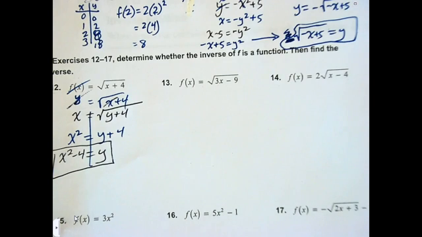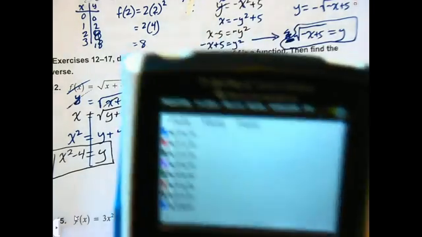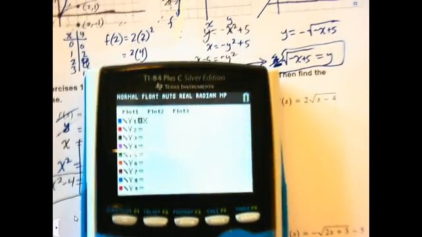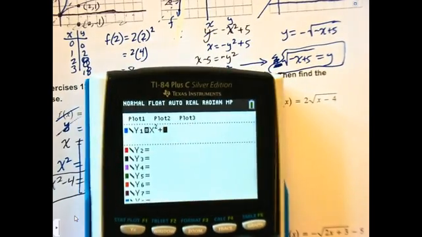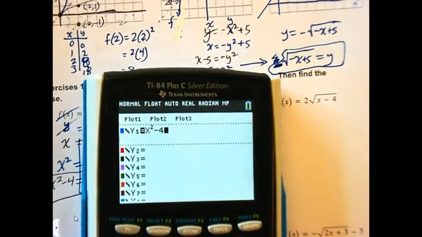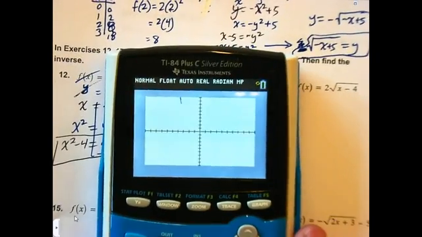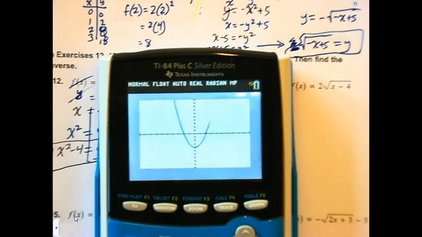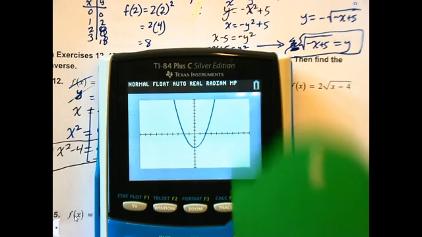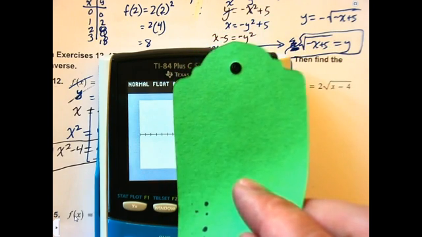Can I see your graphing calculator, please? Quinn, do you have a thought on it? Some straight lines are functions. Is that a function? A function passes the vertical line test.